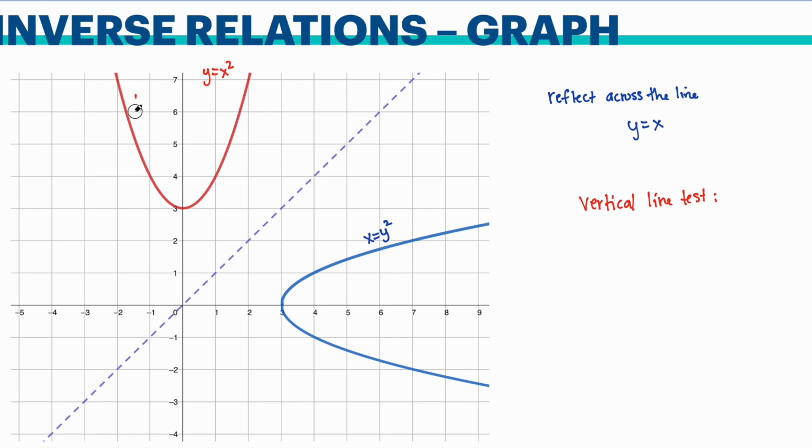So if I was to draw vertical lines down here, this is a function. The vertical line test passes because it only crosses once. But the moment you take the inverse, if I was to draw vertical lines, it crosses more than one place. And so sometimes the inverse is not a function. So in this case, this inverse is not a function.